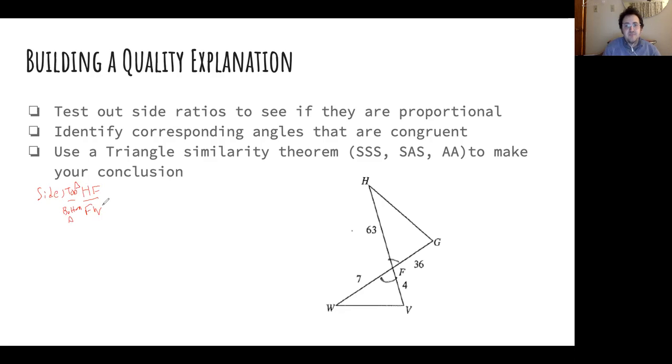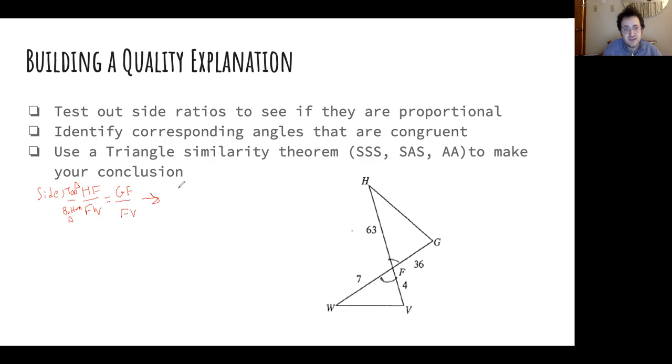And then we also have that GF from the top matches with the FV from the bottom. So now we're just going to put in the numbers and see how they work.